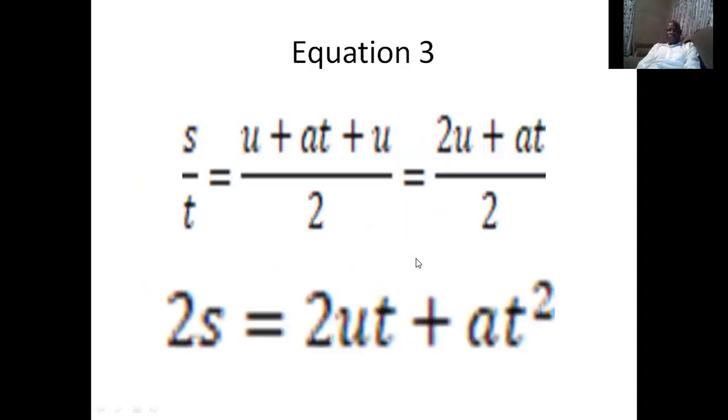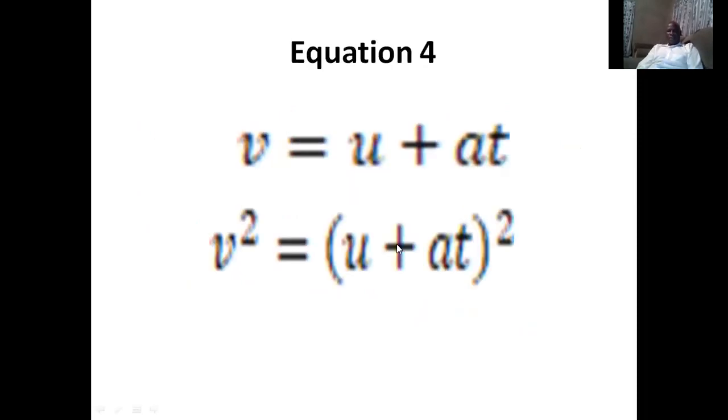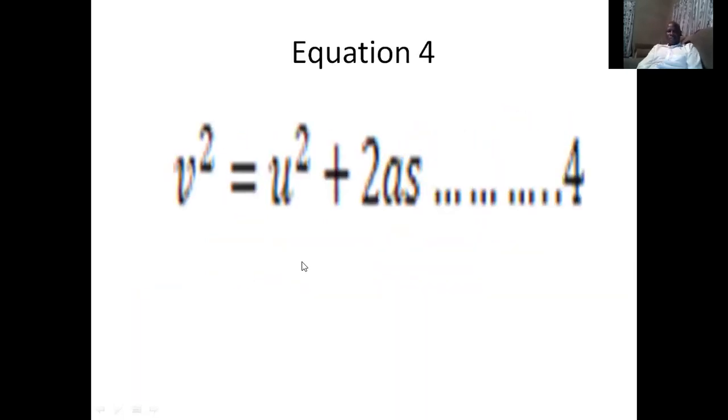The third equation is displacement is equal to initial velocity times time plus half multiplied by acceleration times t squared. The fourth equation is final velocity squared is equal to initial velocity squared plus 2 times acceleration times the displacement.